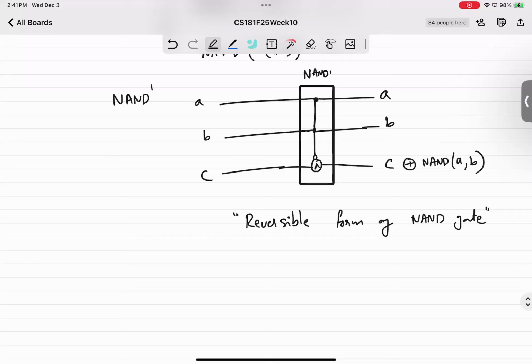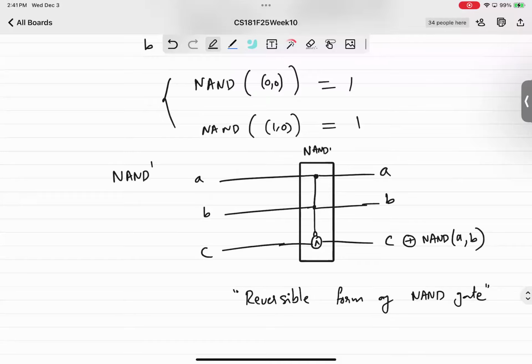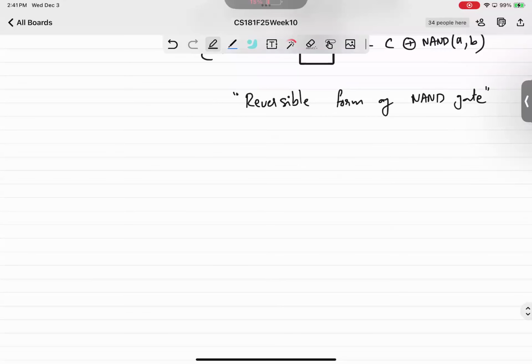But it's a beautiful theory that because of the second law of thermodynamics, any implementation of NAND must lose some energy, whereas with a reversible NAND, you can potentially get a much more efficient version. That's an aside. Okay, so now we have this NAND prime. This is what we are going to use to define our quantum NAND gates.